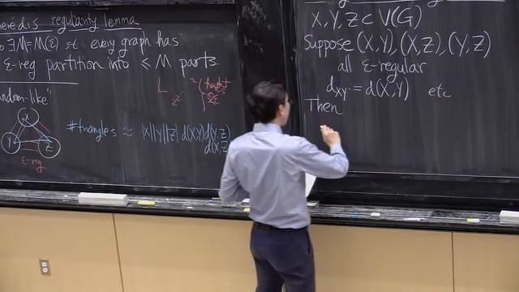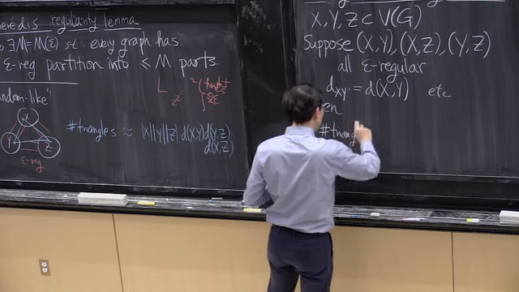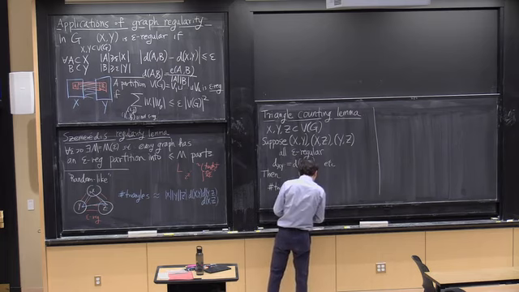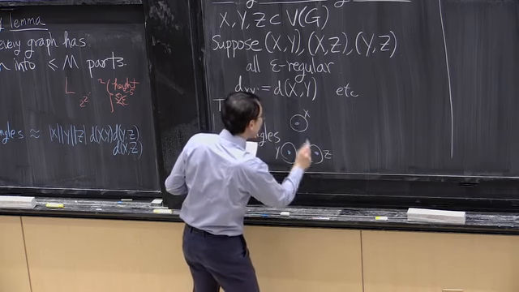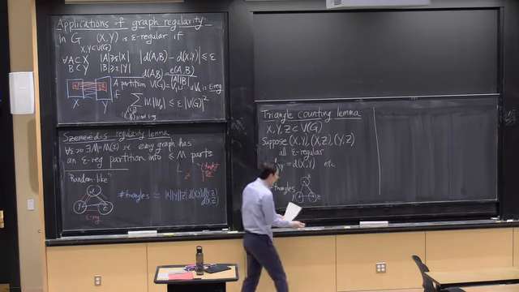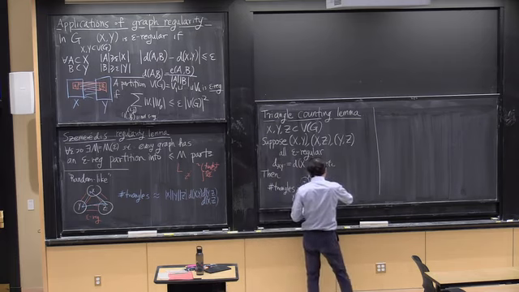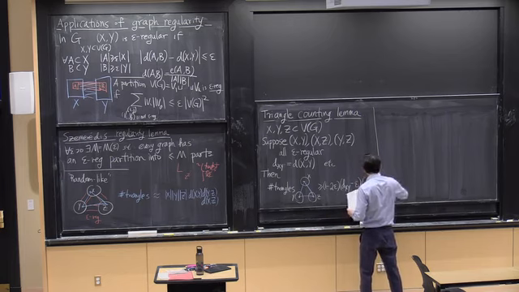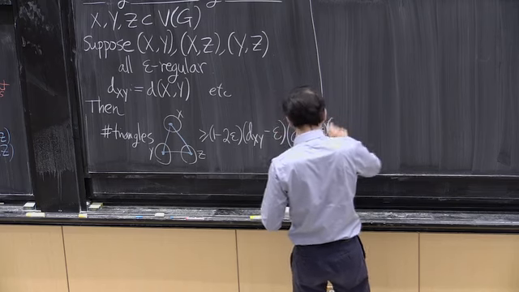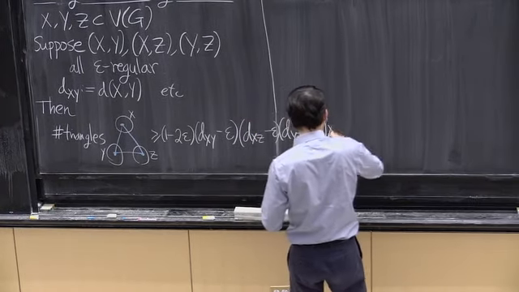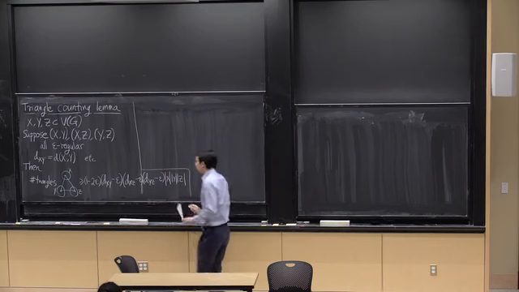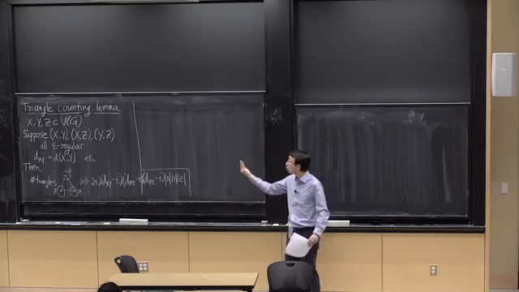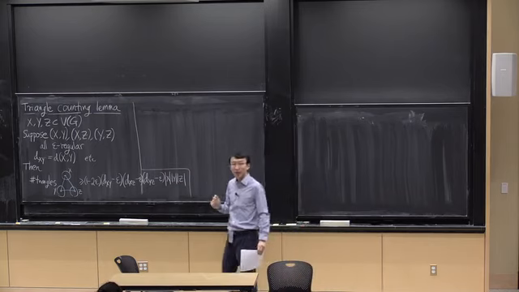The conclusion is that the number of triangles, where I'm only counting triangles with 1 specified vertex in x, 1 in y, and 1 in z, is at least some quantity, the product I mentioned earlier up to a potential small error, because we're looking at epsilon regularity, so there could be some fluctuations in both directions.